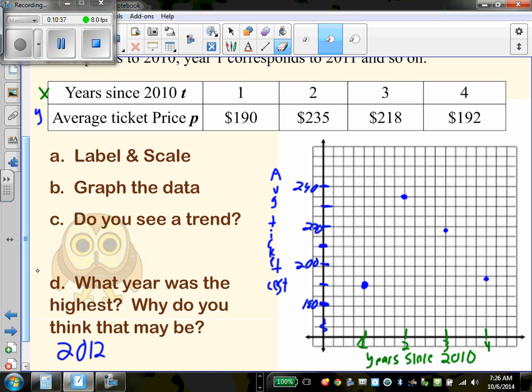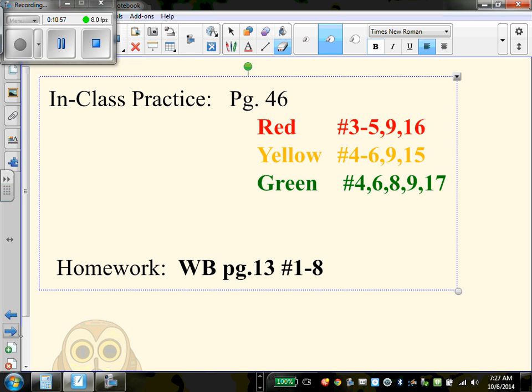It was a winning season. They had a Super Bowl that year or around there, so that probably influenced them doing really well and getting a lot of money. And being able to look at graphs and determine things like that or guess on things like that is a really important skill.